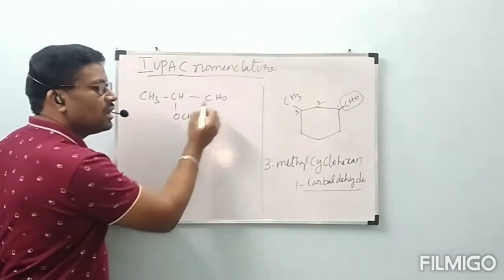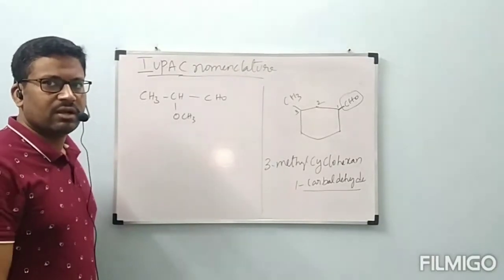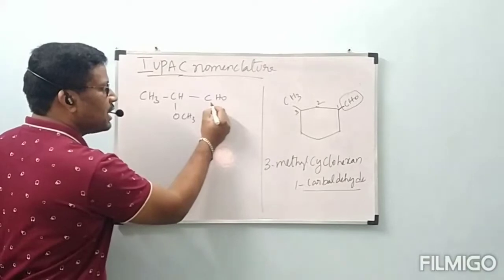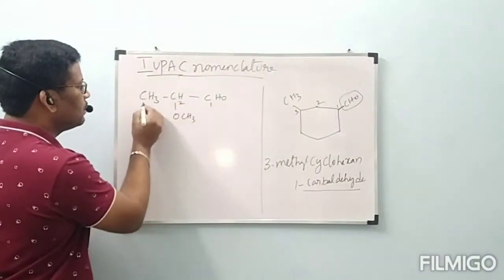Out of these two, aldehyde is more preferential than ether. So we give importance to the aldehyde and number the chain 1, 2, 3 from it.